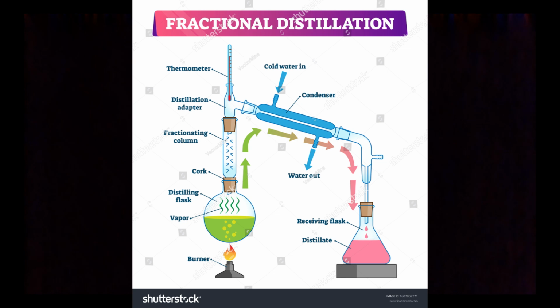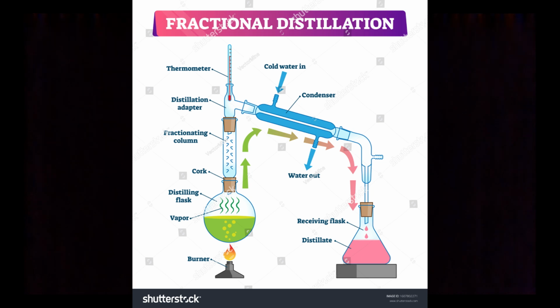The reason is that the composition of the vapor is different from the composition of the liquid which is being boiled or heated. That's why it is possible to separate the two liquids through fractional distillation.